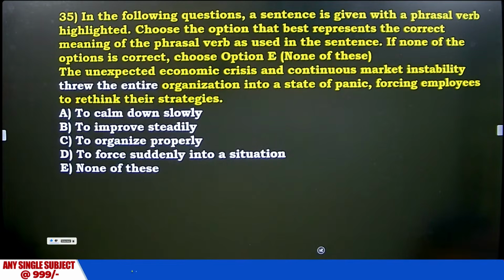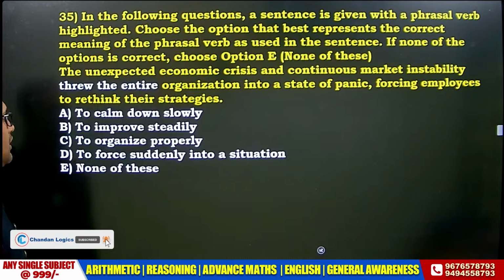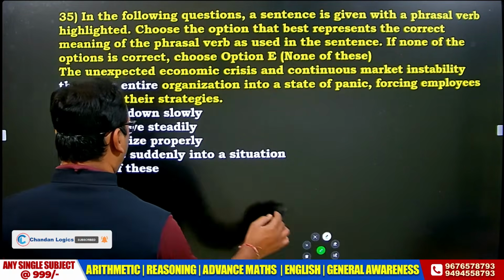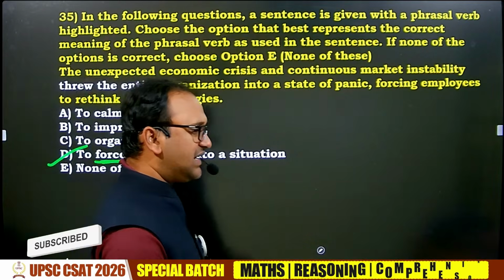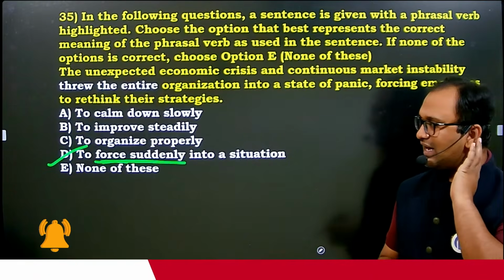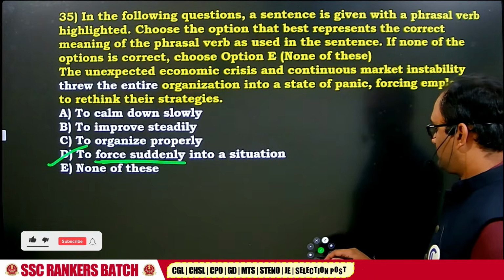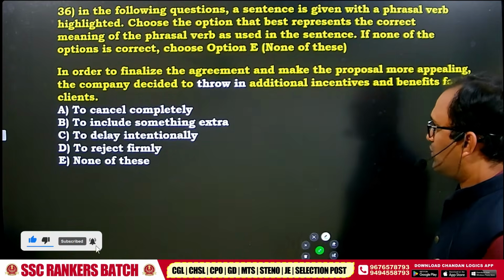Question number 35. Throw in. Beautiful question.